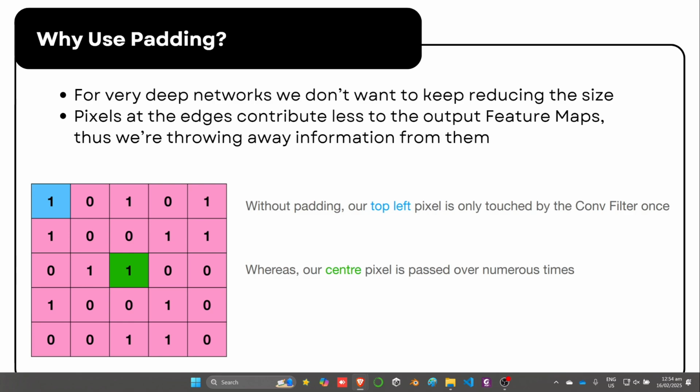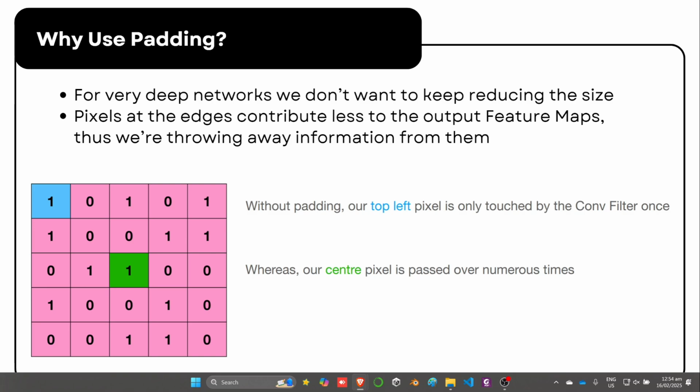You can imagine how many filters, parameters and activations all get stored. So if you want to keep a very deep network for a very complex data set, you want to use padding to preserve the image size or the feature map size as it progresses through the network.